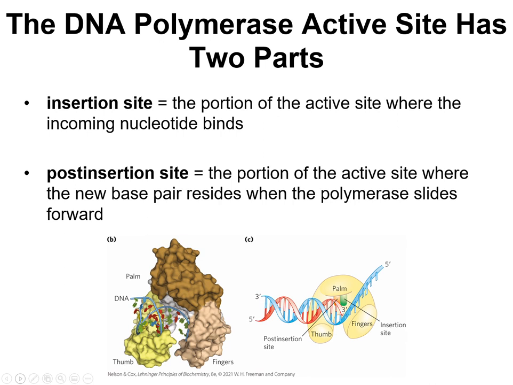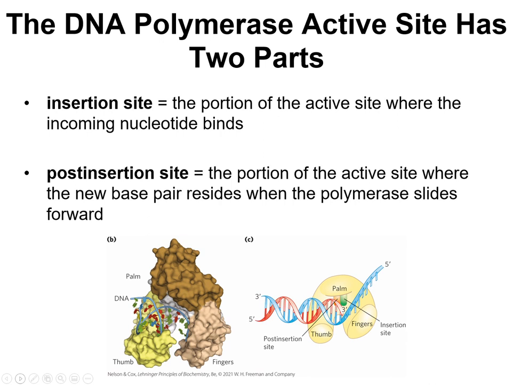So there's this cup region where you have all the binding sites, right? There's the palm, the thumb, and the fingers. And if you read literature about replication or DNA polymerases, they talk about the structures and refer to these different sections as the palm, the thumb, and the fingers.